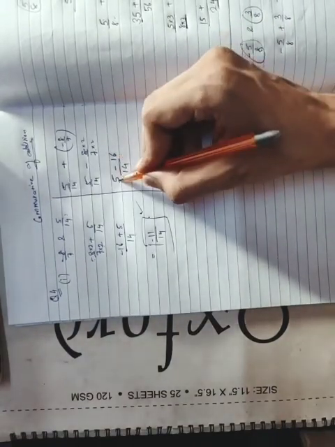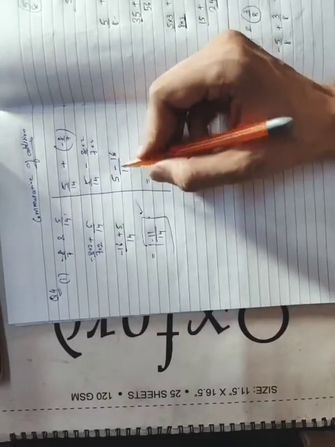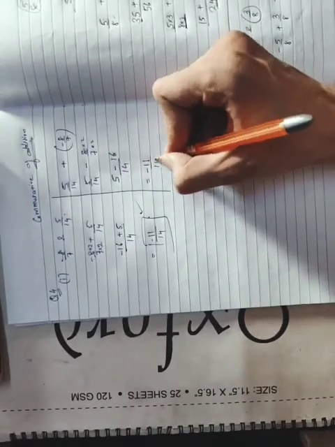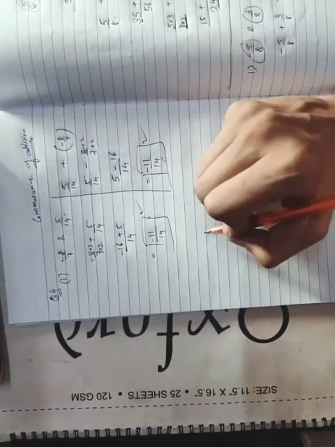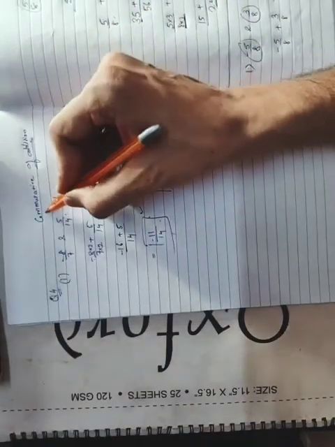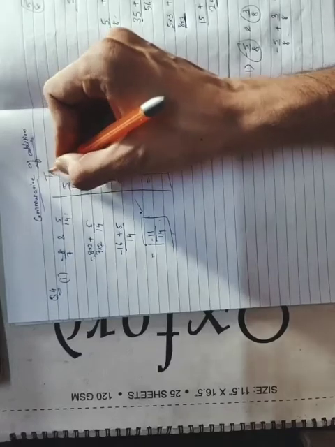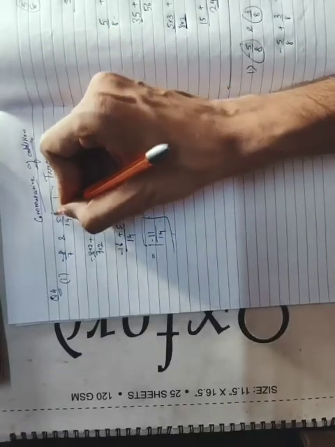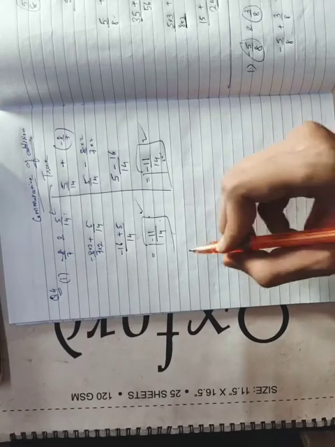So 16 minus 5, 11. Greater number sign, minus upon 14. Did we get the same result? Check. Yes. So if we got the same result, I will say commutative property of addition is true for this set of numbers. Got it, everyone? Nice.